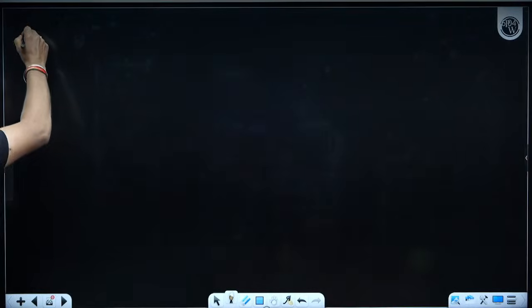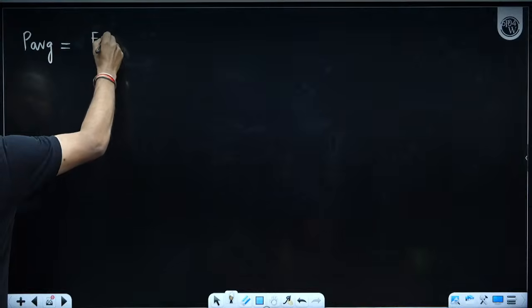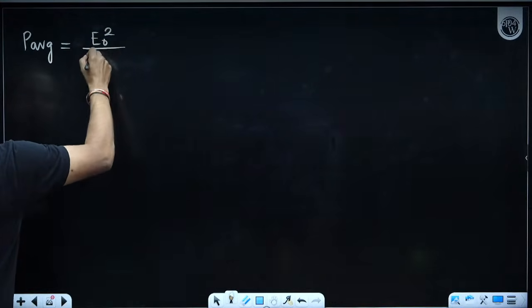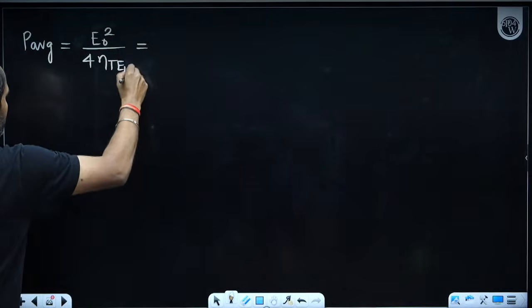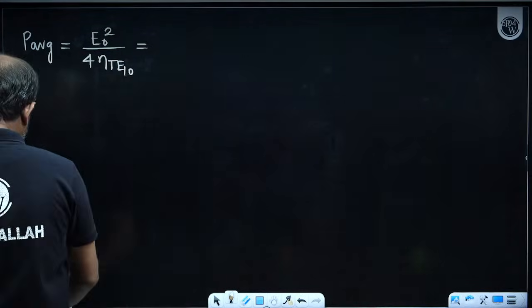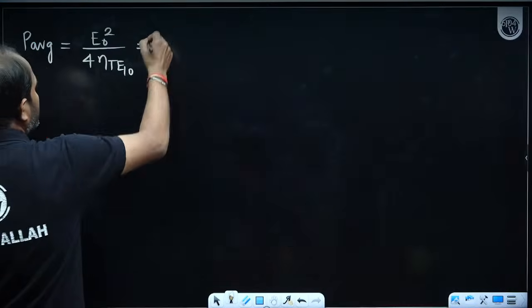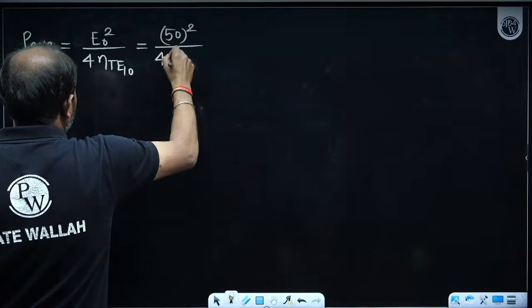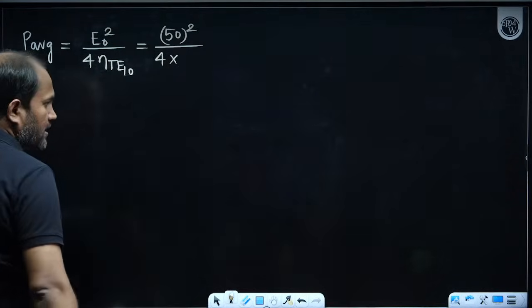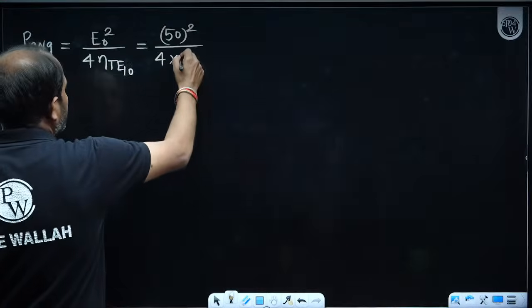Then we will calculate P average. P average is E0 square upon 4 eta TE10. E0 is 50 volt, whole square divided by 4 times eta TE, which is 483.32.